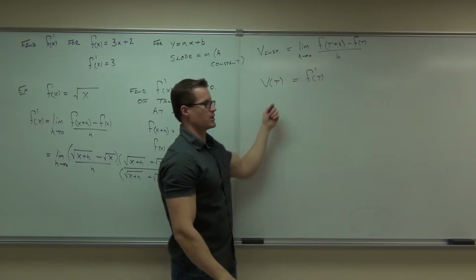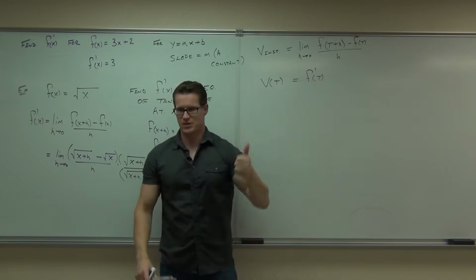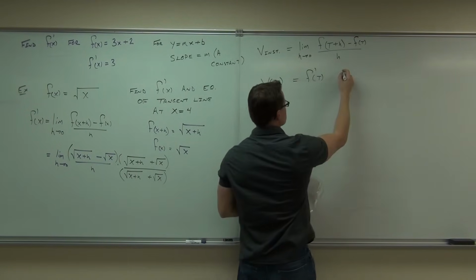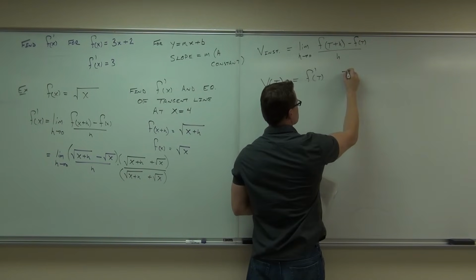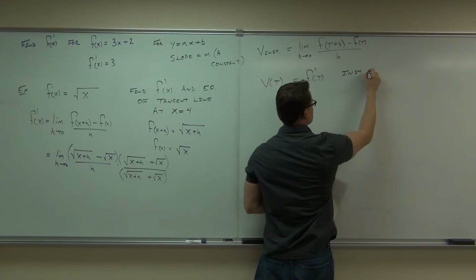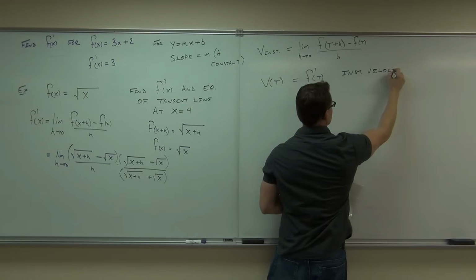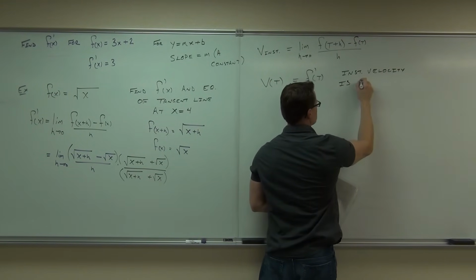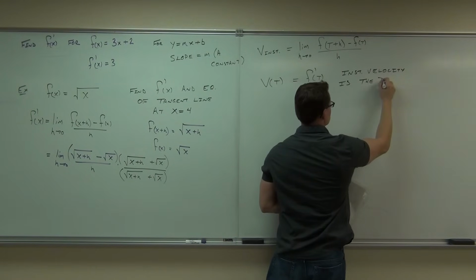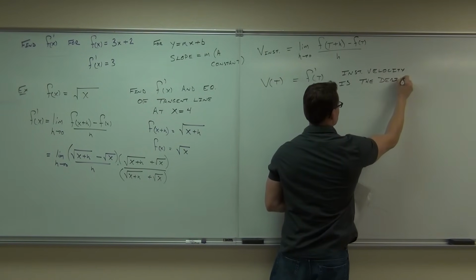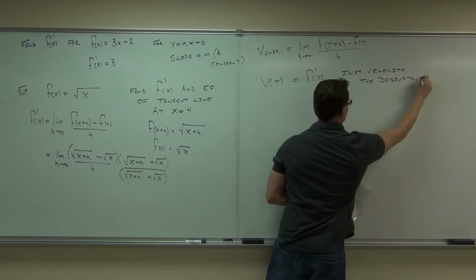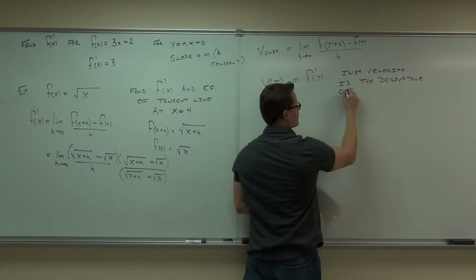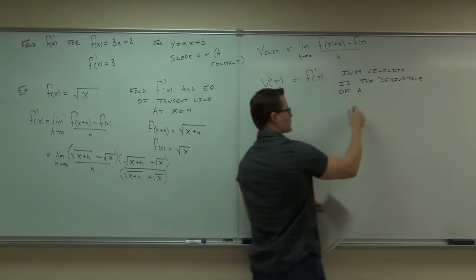Instantaneous velocity is simply the first derivative of a position curve.